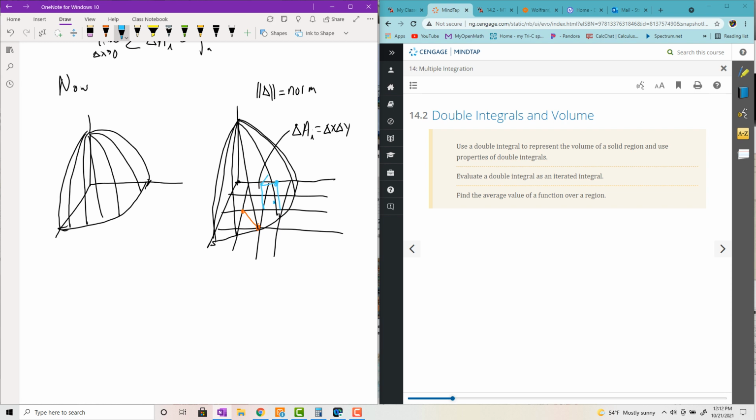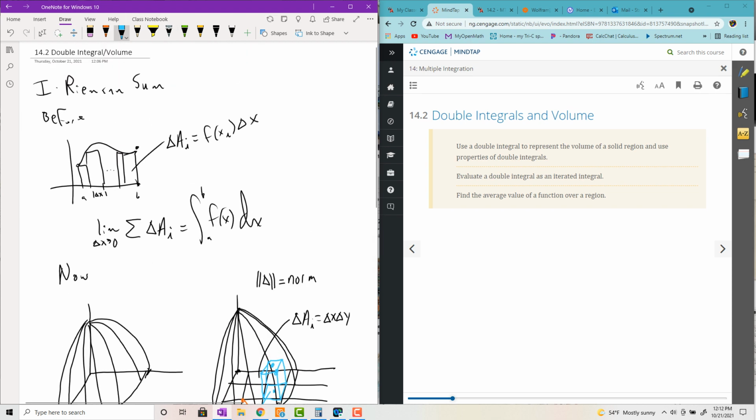Using the midpoint, it goes up to the surface. I'm trying to figure out the volume of that blue thing there. I could call that change in V sub i, and up here it corresponds to this object, right?